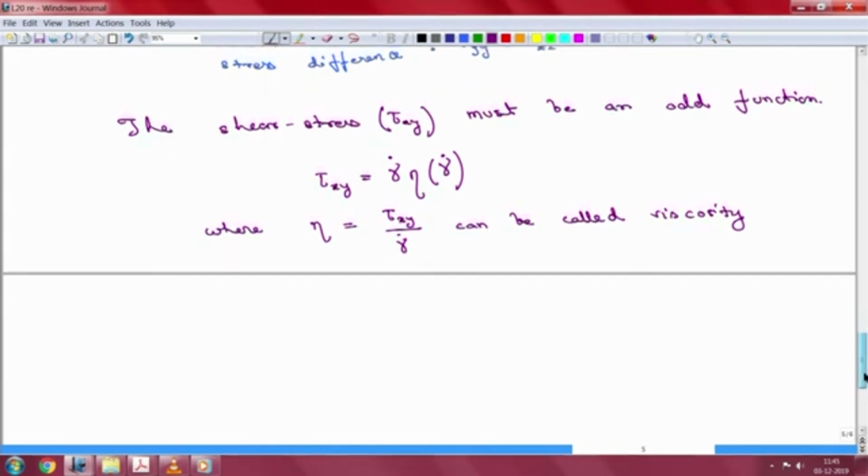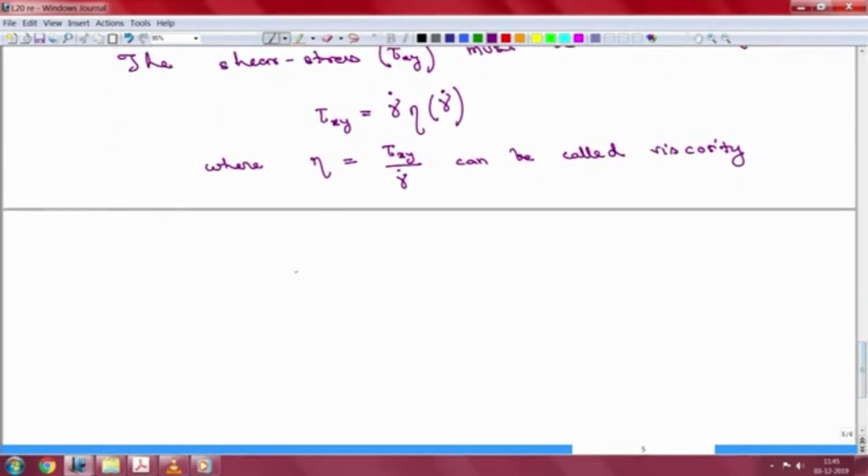We can also argue and show that the first normal stress difference, tau xx minus tau yy, and the other one, the second normal stress difference, are actually even functions.